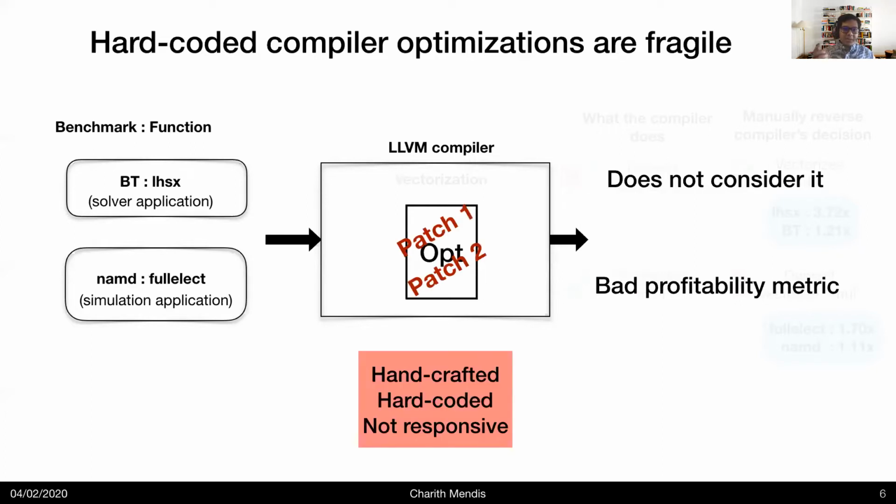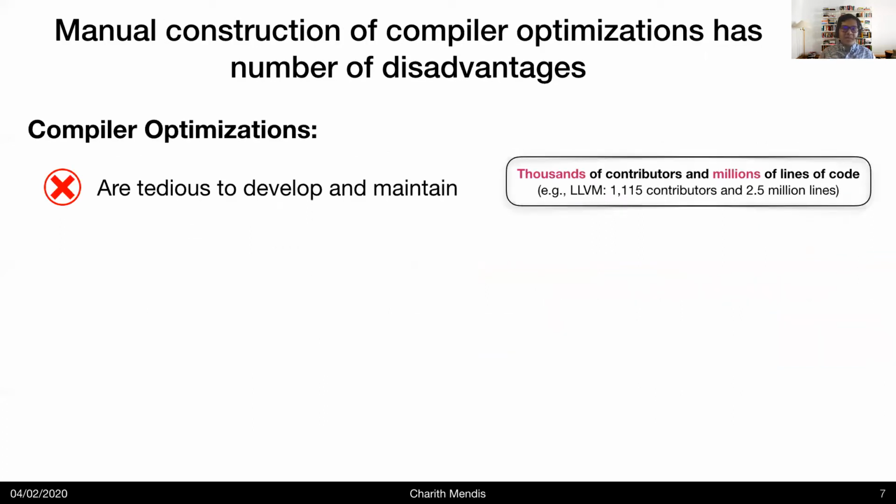But the way to correct it, according to the current way of constructing compilers, is to manually deploy two different patches. Mind you, these are two different code patterns that I found in the current compilation chain. But there may be thousands of other code patterns which are not properly handled by the compiler. And if you want to correct them, you may have to deploy thousands of other manually written patches. And this process is not going to be scalable and it's tedious to maintain.